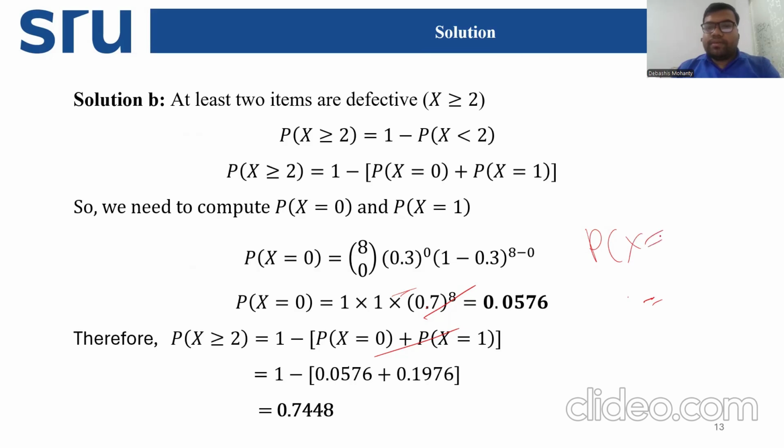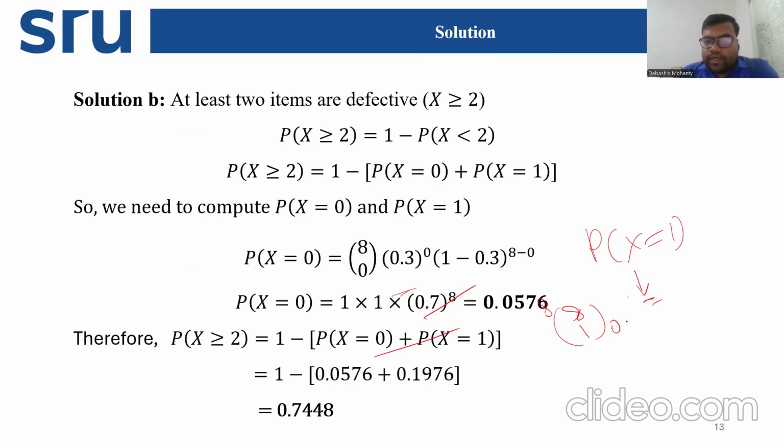The probability of x equals 1 we need to calculate. How do we calculate it? We already know the formula: nCk p raised to the power k, 1 minus p raised to the power n minus k. Here n value is 8, k is 1.